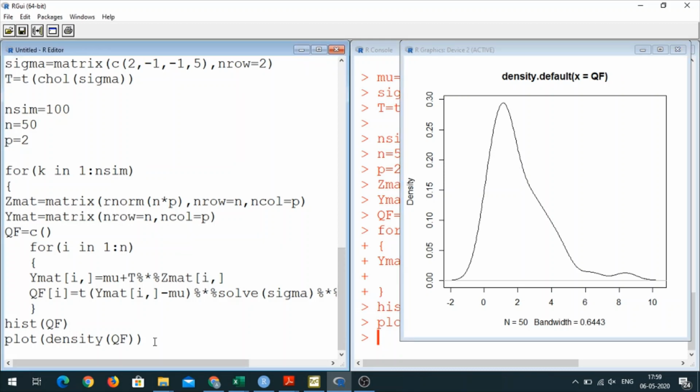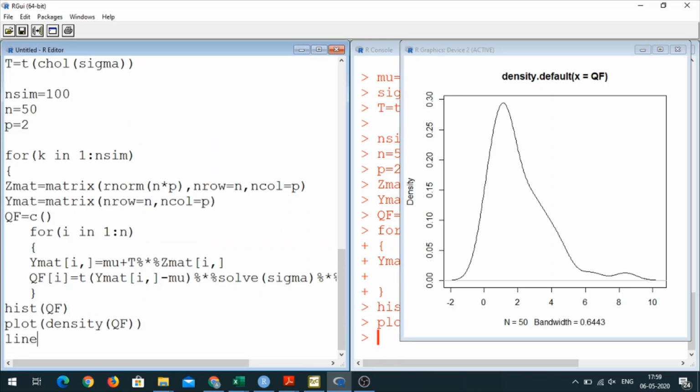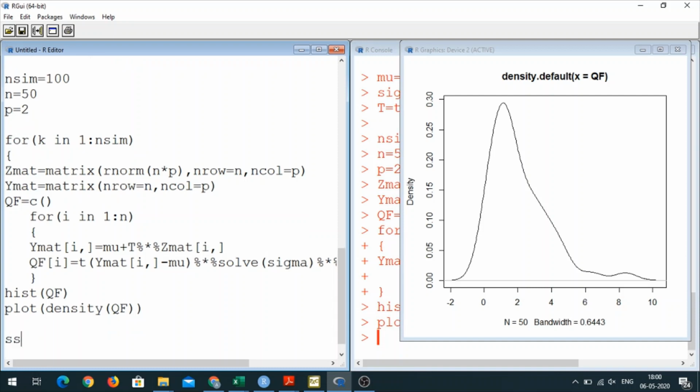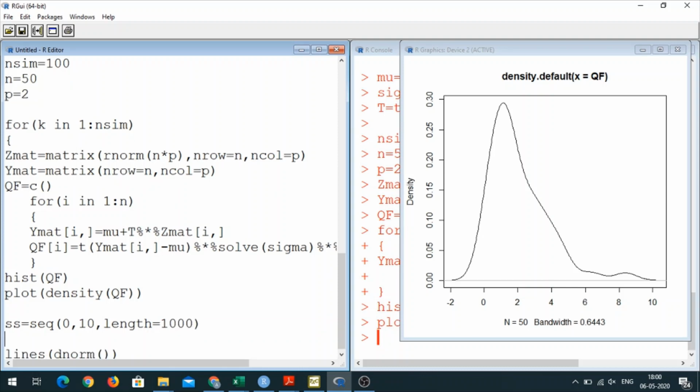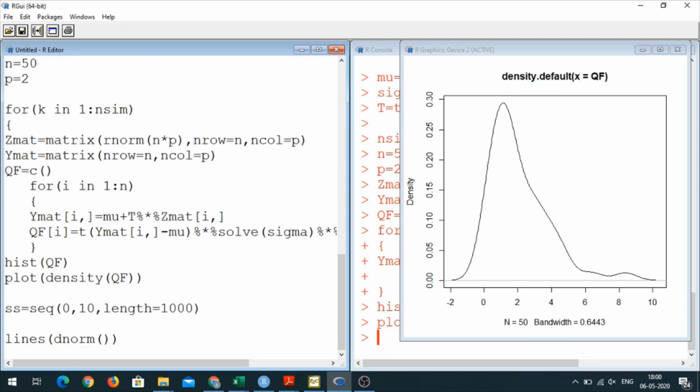If you are not sure, let us try to overlay the chi-square graph on it. So lines, we need the chi-square density. Ideally chi-square would start from 0 to 10, so let me take a sequence from 0 to 10, length equal to 1000, and we need to compute chi-square at this.